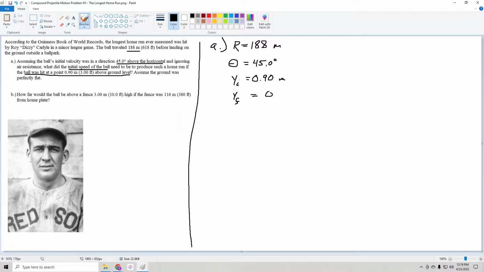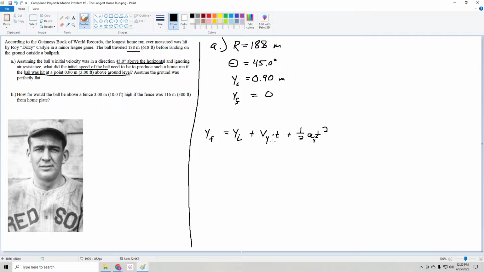And this is a pretty good starting spot. I would recommend using the following equation: y final equals y initial plus v y times t plus 1/2 a t squared, with the acceleration being in the y direction.